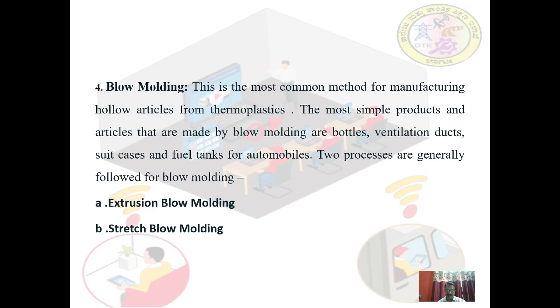Stretch blow molding is a special form of blow molding in which the mechanical properties are considerably improved. A high degree of orientation is introduced in the plastics by drawing near the glass transition temperature or crystalline melting point.